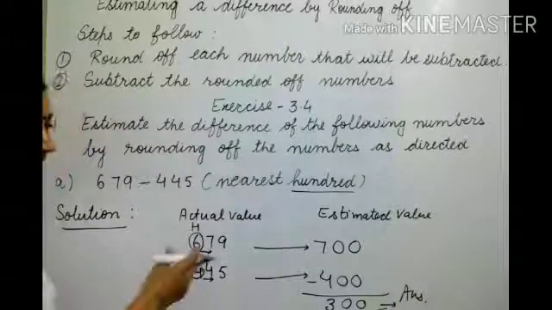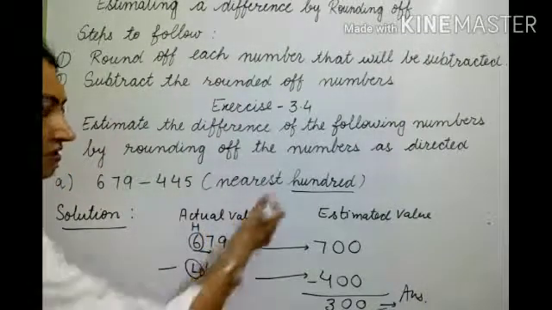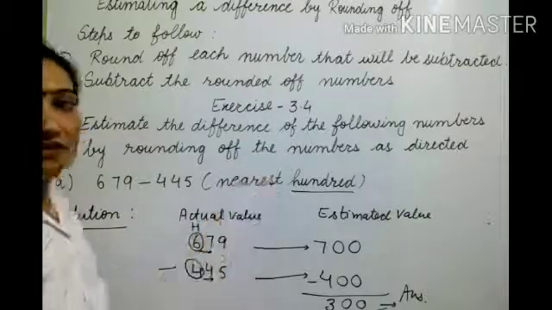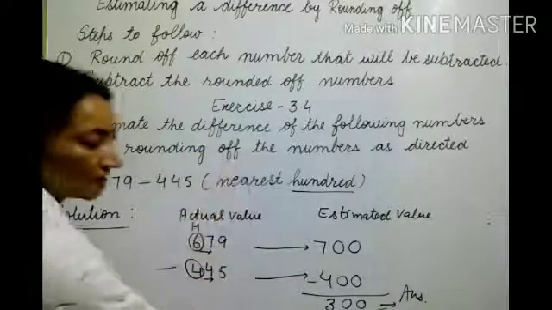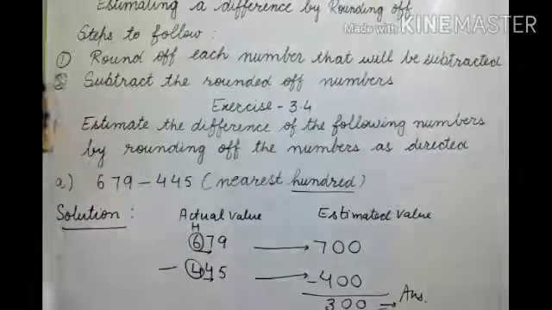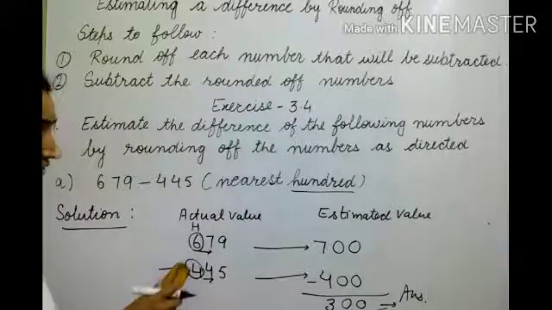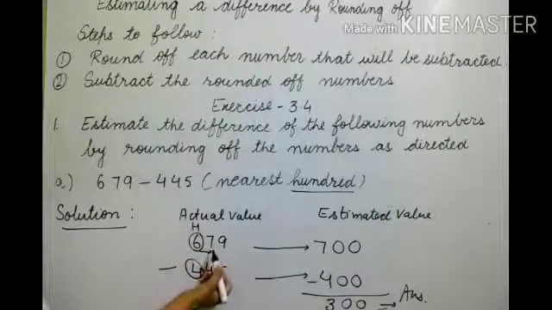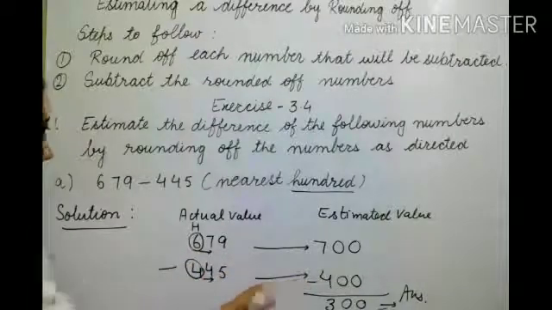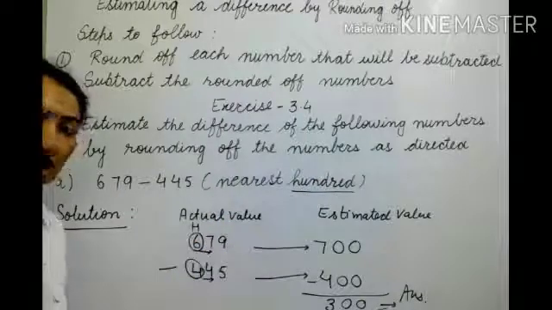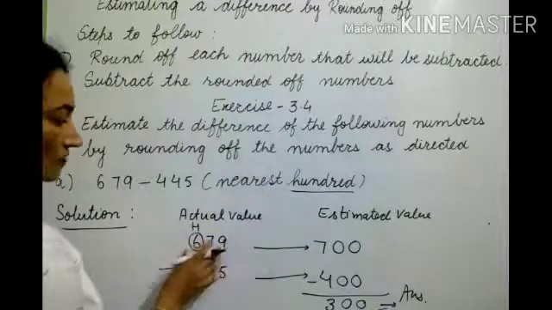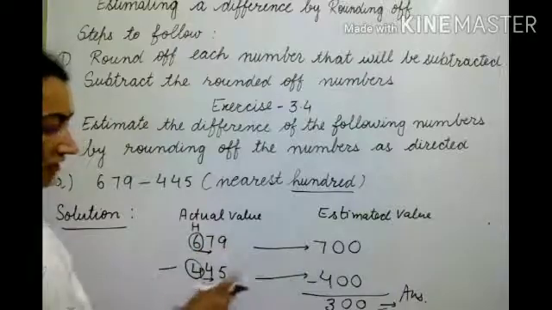Clear? In this way we will solve our question according as direction is given. So this is our estimated answer, that is 300. First we will estimate the given numbers to the nearest 100. In A part it is given nearest 100, so we will estimate the numbers to the nearest 100.